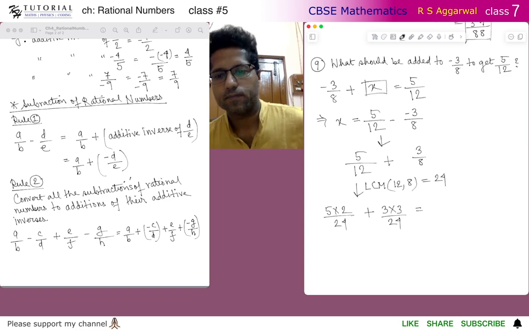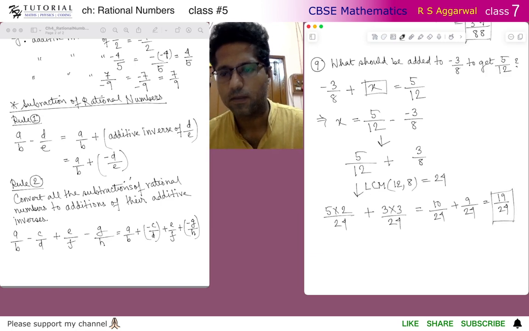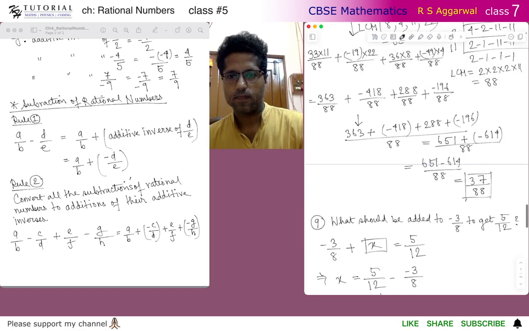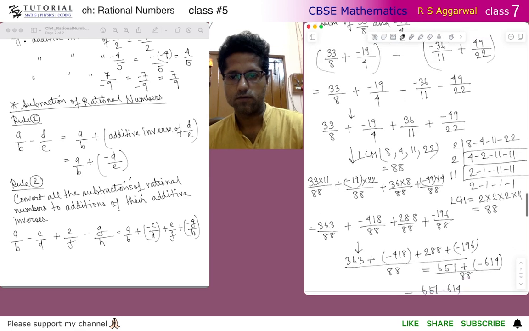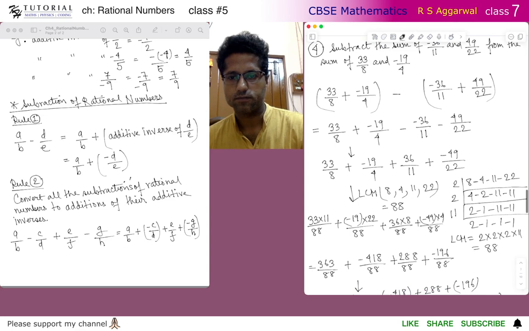This is 10 by 24 plus 9 by 24. This is 19 by 24. This is the answer. You can take a screenshot of this problem, this solution.